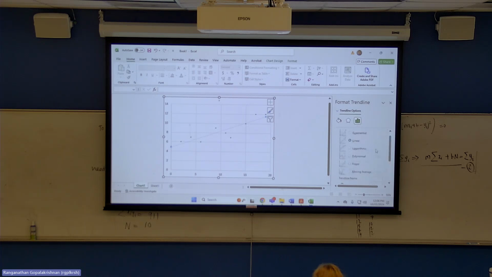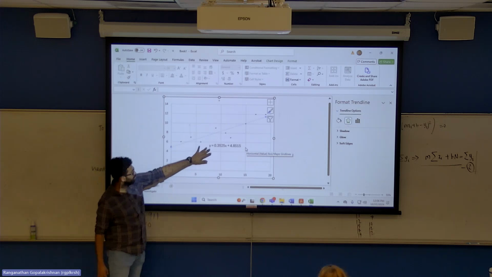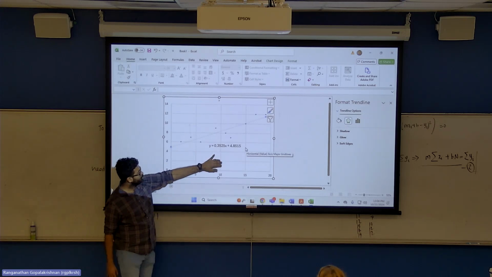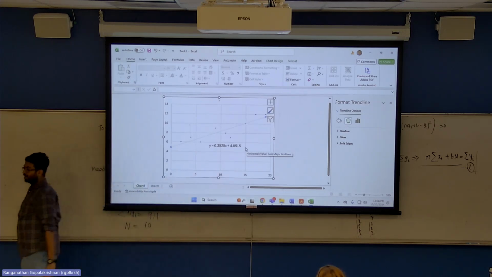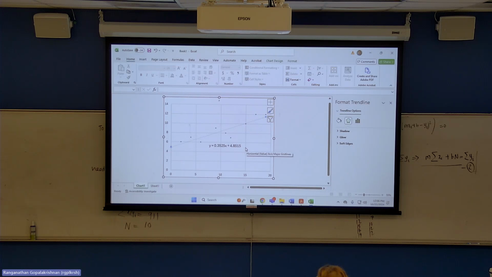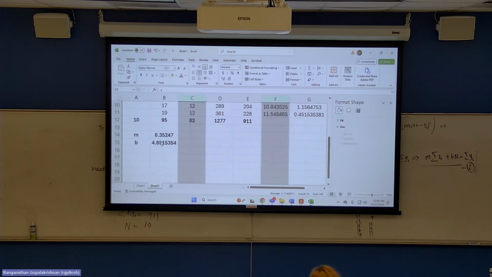I can just ask it to display the equation. All right, so this is the fit that Excel's algorithm produces: 0.3525, 4.8515. Very similar to the values that we got. If you round it to 4 places, this is also the same.